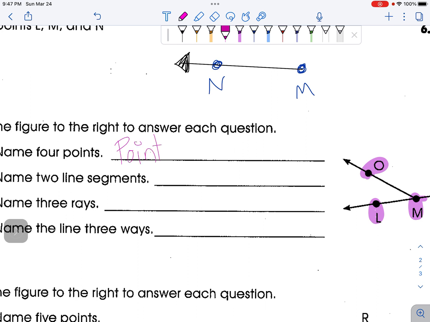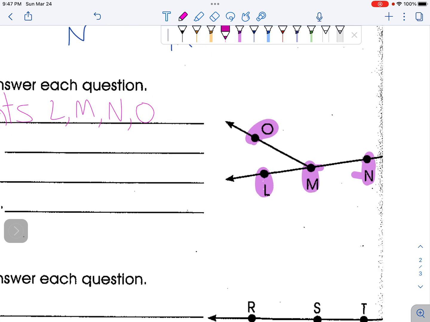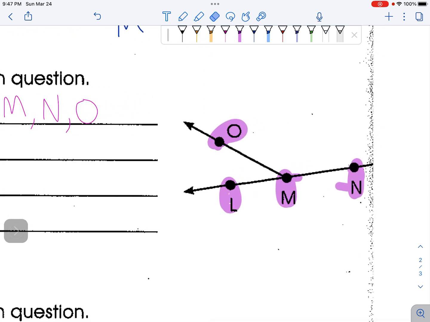Points LMNO. Notice there's no P. And then it says name 2 line segments. Now this is where it's a little bit tricky because it doesn't really look like there are just line segments hanging out. But this right here could be a line segment as long as I stop right there.